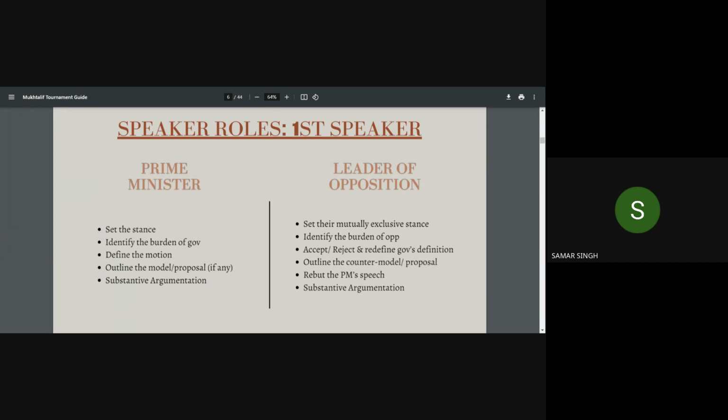What a preemptive rebuttal is, basically, let's say you know that it is very predictable that the opposition will come in and say that plastic is a cheaper option and economically we should not ban it because people rely on plastic.